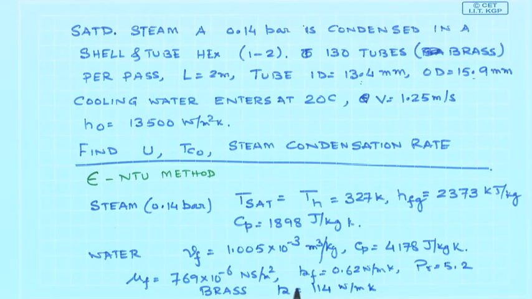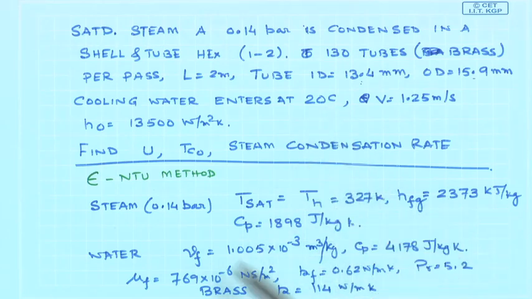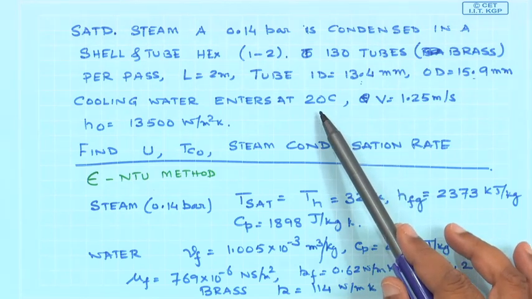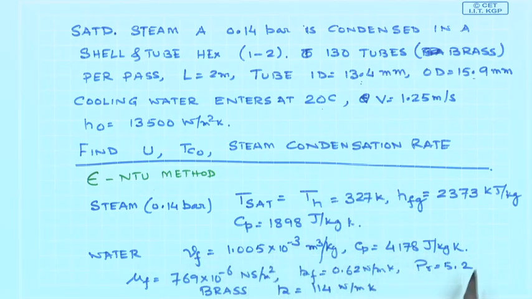Now, in order to evaluate the properties of water, we only know the inlet temperature of the water. So, in order to find the average temperature at which all these properties are to be calculated, we can just assume a temperature, for example, the outlet water temperature is, let us say, 50 degree. So, the average temperature would be 35, and we read all these values at 35.